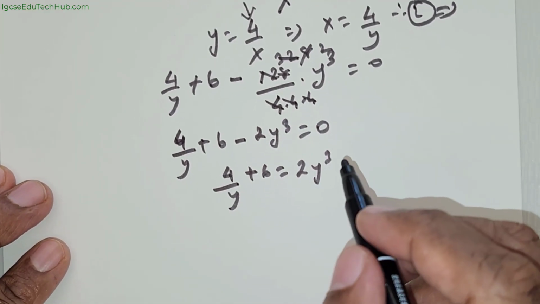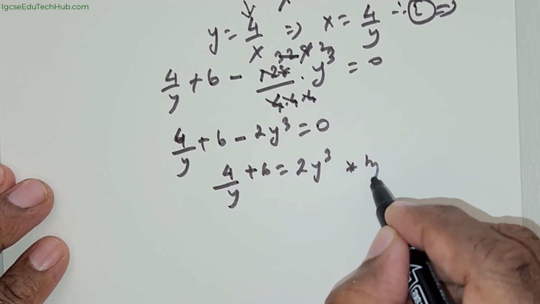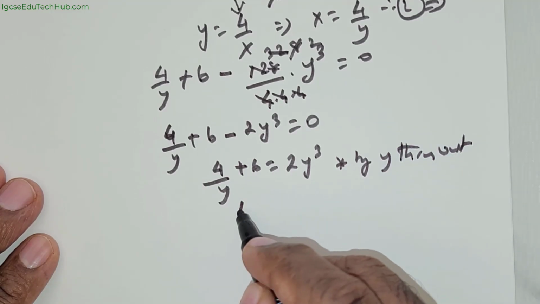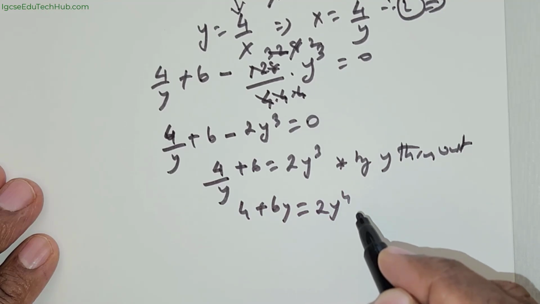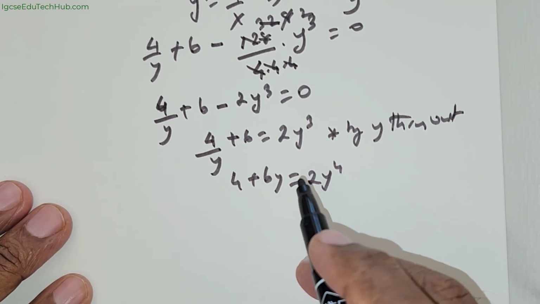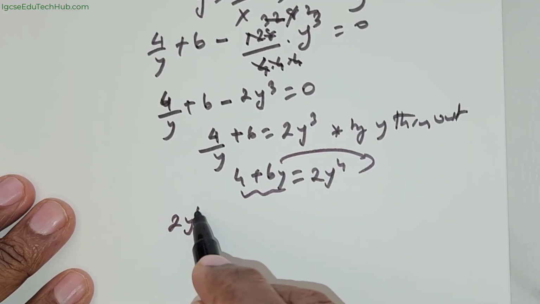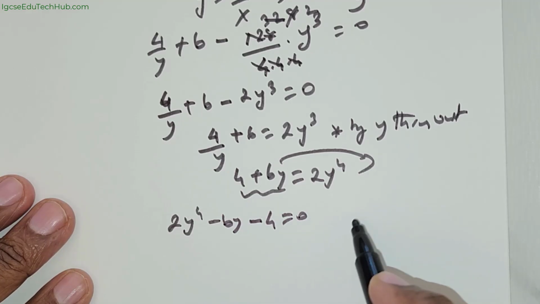Then we can multiply by y throughout. So this is going to give me 4 plus 6y is equal to 2 times y to the power of 4. Then I will move everything to the right. So 2y to the power of 4 minus 6y minus 4 is equal to 0.